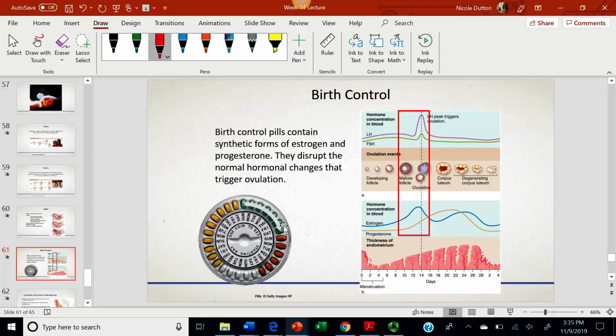If you're on the NuvaRing, which is a ring that can be put in the vagina, you put the ring in for 3 weeks, and then you take it out for a week. During that placebo week, or the week that you don't have the ring inside, then you should be menstruating at that time. Eventually, over the course of some time, your menses will stop.